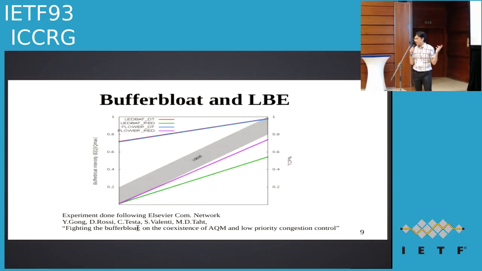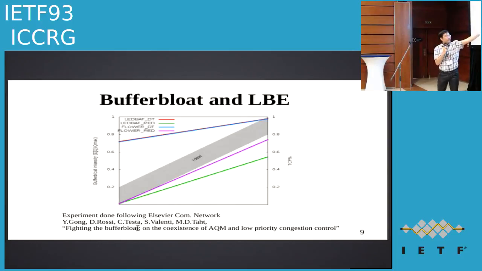Now, this is the most important part of this presentation: the interaction between an AQM and an LBE protocol. In the figure, the left y-axis represents the buffer bloat intensity, that is the average queue length normalized over the buffer size.